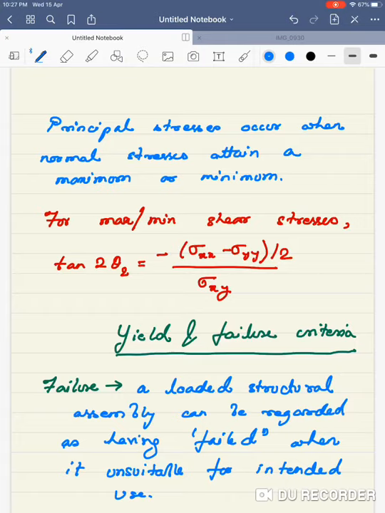And this lack of suitability can occur in many ways. So there are many different modes of failure, right?